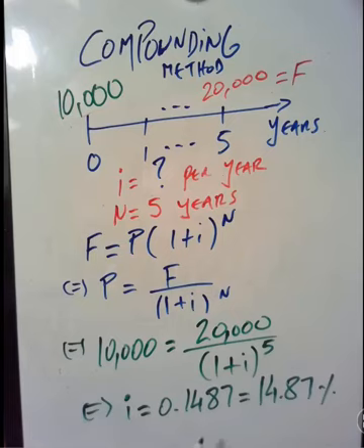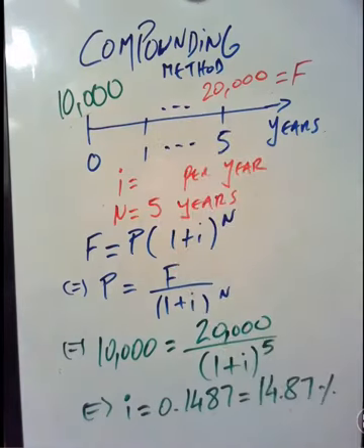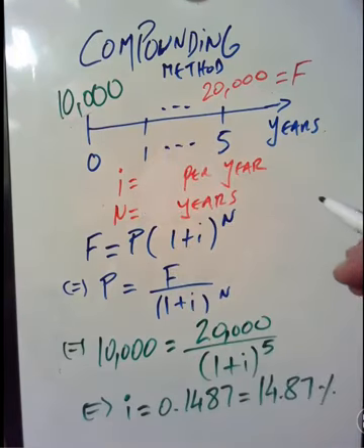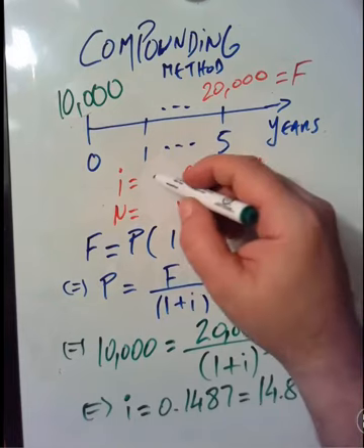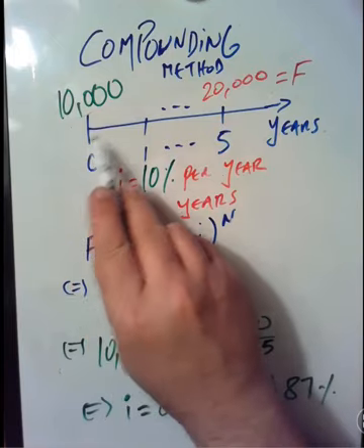Now we did the one for the interest rate, and therefore the last variable that we can ask for is n. So let's go back to assuming that the interest rate is 10%. I only have $10,000 now.